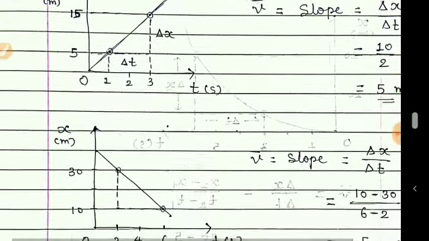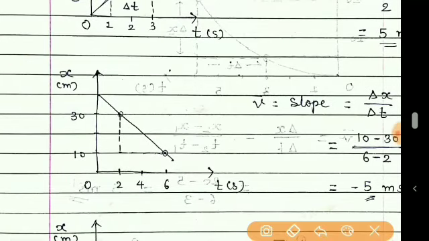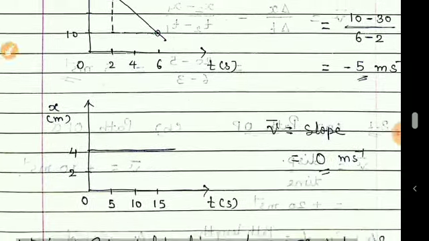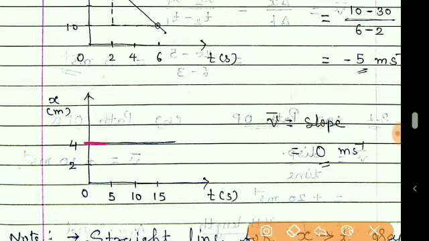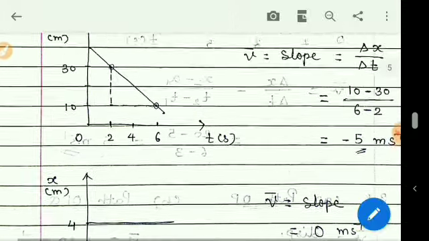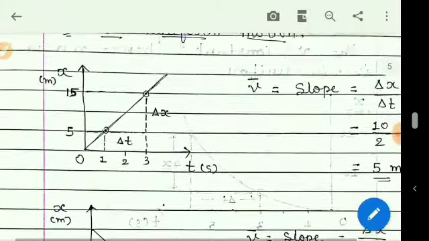Even you can see that in this graph also, the line is straight only. Even in next figure also, the line is straight only. So in all these three cases, the motion is uniform. But there is some difference. Now what difference is that?